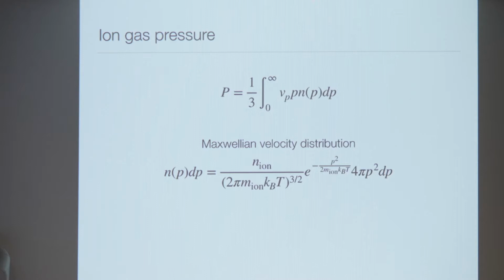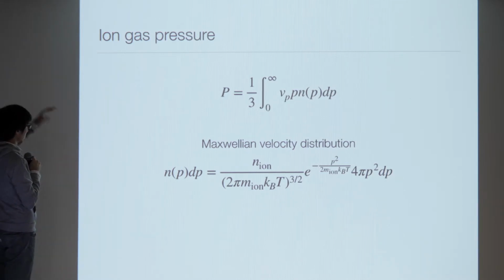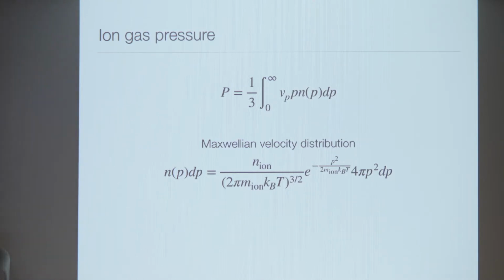For the ion gas pressure, the number density of particles having some momentum is given by the Maxwellian velocity distribution.